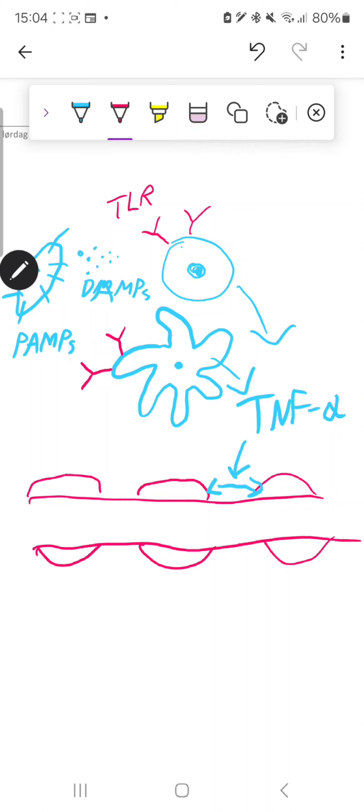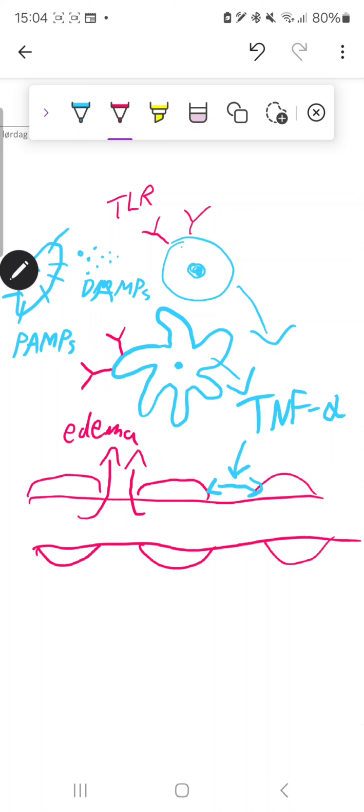And when the space is bigger, water with solids from our blood can go out into the extracellular tissue, and it will cause edema.